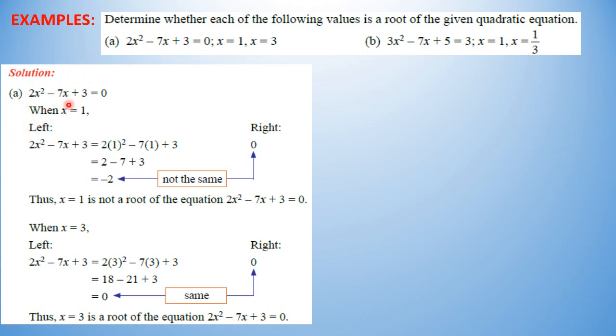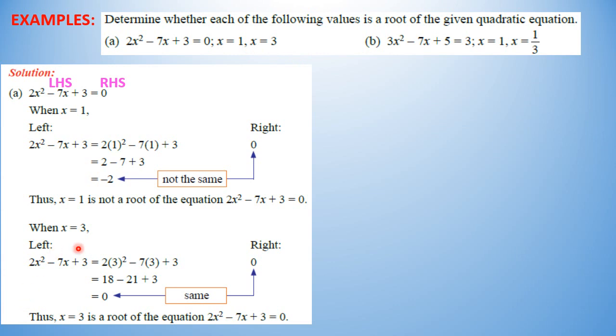So the first one, when x equal to 1, this one is on the left hand side, you just substitute 1 inside here, and then you calculate, you get -2. After that, you compare to the right hand side, which is 0, right? Left hand side is -2, right hand side is 0. That means x equal to 1 is not a root of the equation.